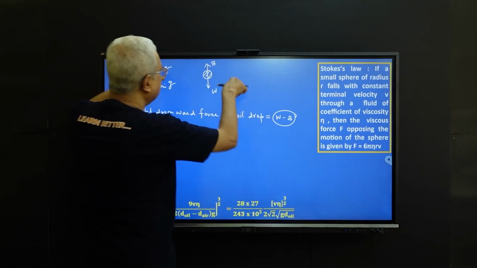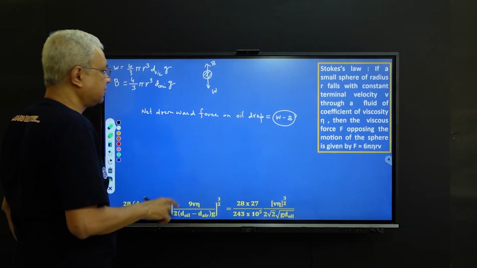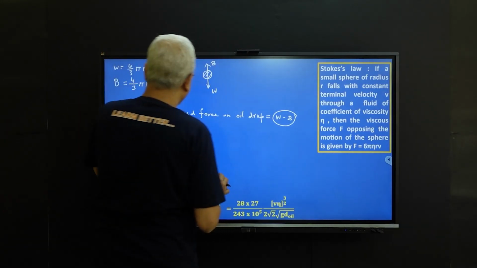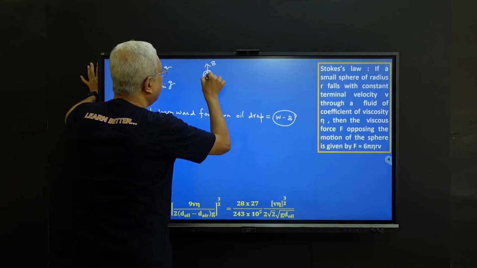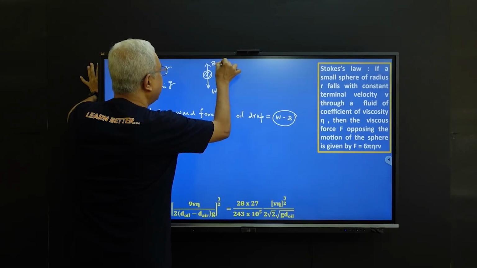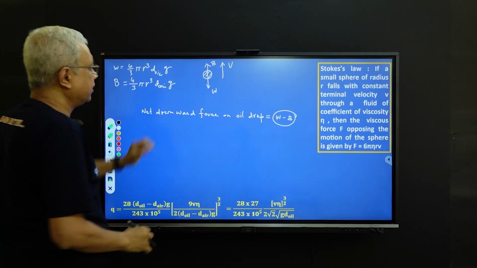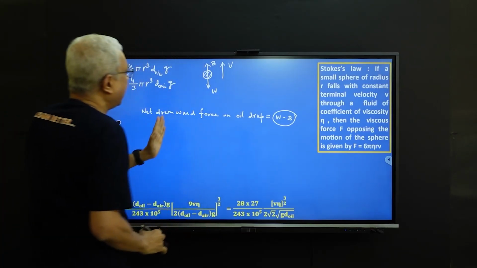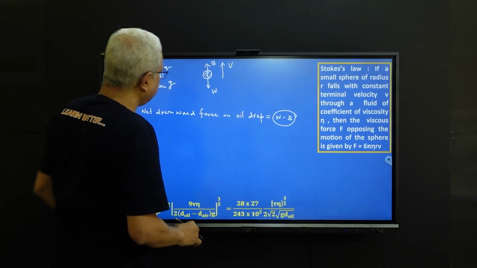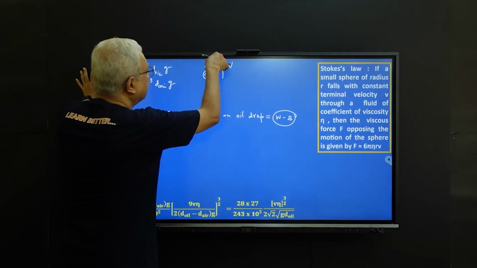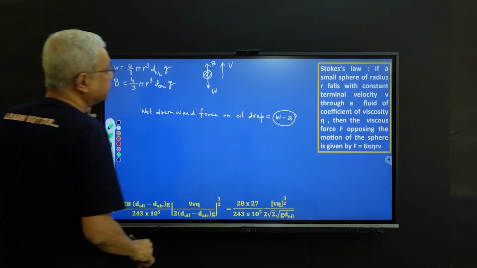But since air has a viscosity, there will be a viscous force acting on the oil drop in the upward direction, and I call this viscous force V. It is falling down and there is weight, there is buoyant force, and because of the viscosity of air there is a viscous force acting on the oil drop in the upward direction.